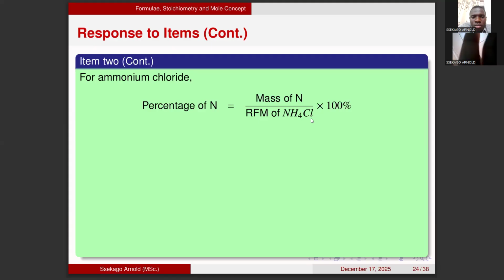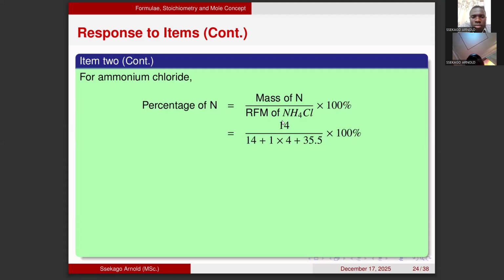So if my compound looks like this, ammonium chloride, you can easily see that there is only one capital N. Therefore, since there is one capital N, up I will have 14. Then down, I will have capital N 14. Then plus capital H is 1, and there are 4 of them. So we write 1 times 4. Then plus Cl, from the information in the bracket, Cl is 35.5, then times 100%.